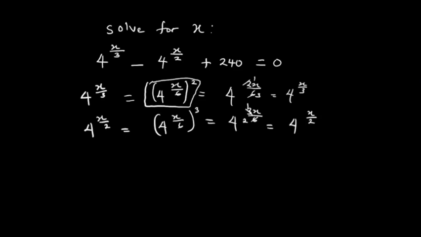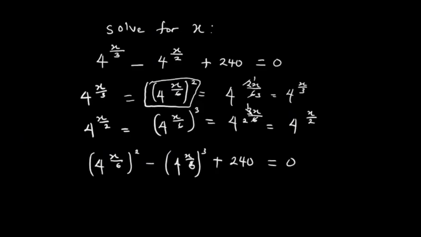So moving on, I know that 4 to the power of x over 3 is the same thing as 4 to the power of x over 6, squared, minus 4 to the power of x over 2, which is the same thing as 4 to the power of x over 6, cubed, plus 240 equals 0. Right?